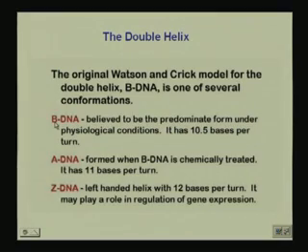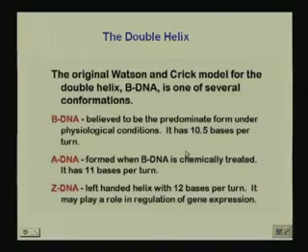You have B-DNA, the most prominent form of DNA. It has 10.5 bases per turn. We are talking about a single turn of the double stranded helix that goes up, with 10.5 bases per turn, just like the pitch of the alpha helix.